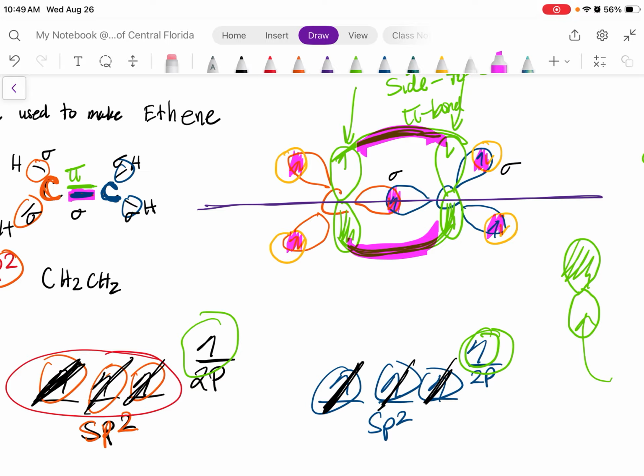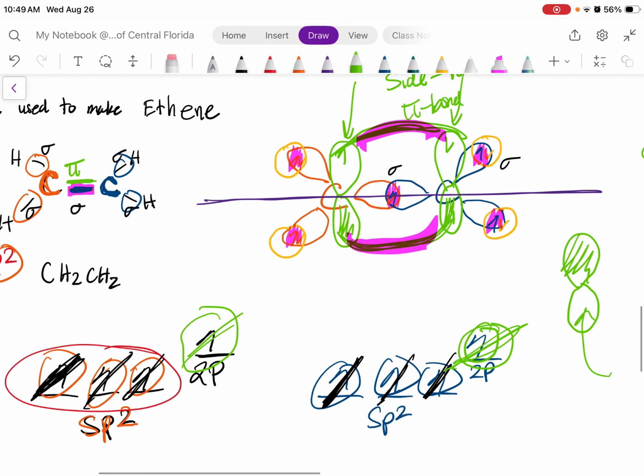And so now we've accounted for these p electrons right here. So we've looked at all the electrons. They're all accounted for. They're all in orbitals. They all are used to assign bonding.